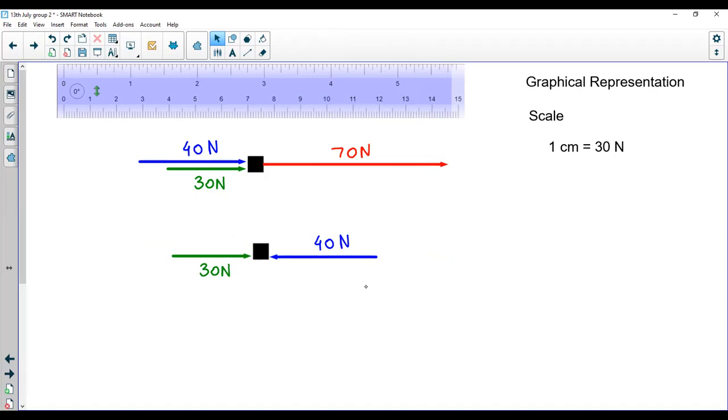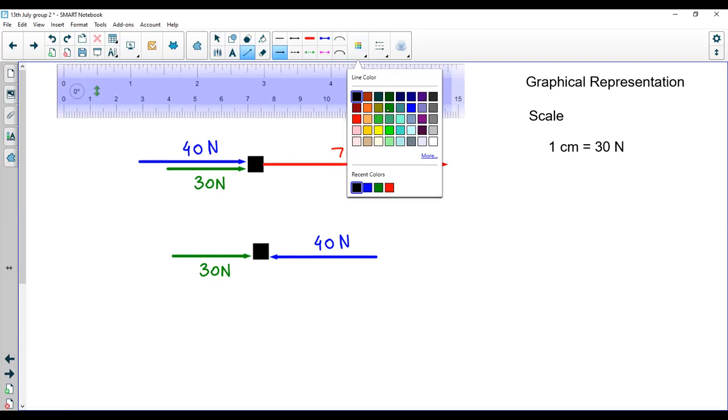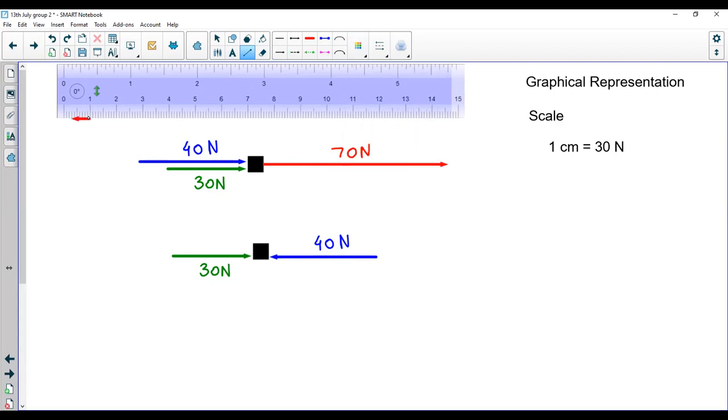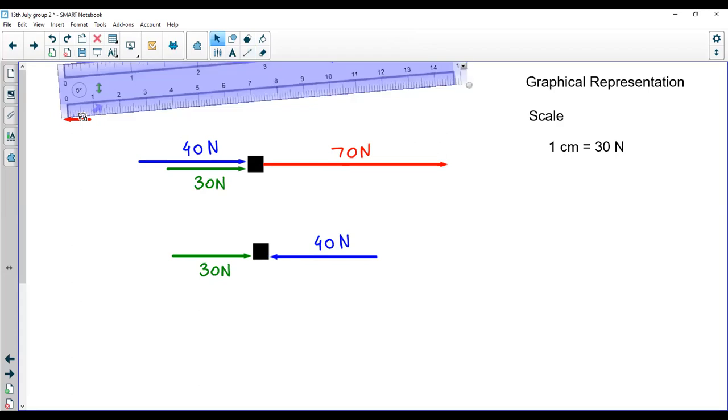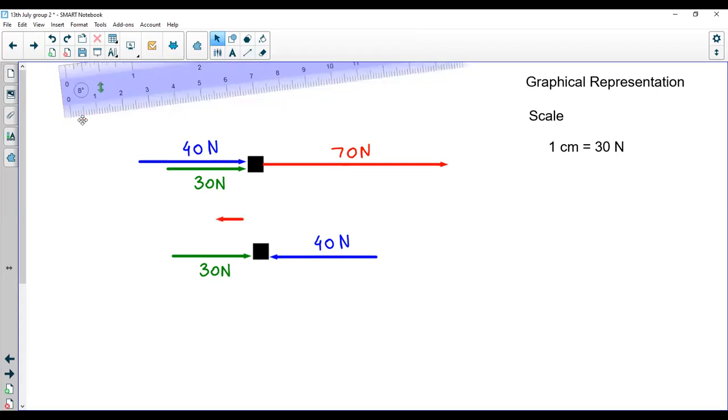That's right, Fatma. Tanya, what's the resultant now? That's very good. So we show it with just a 1 centimeter long line to the left. So that's what we have, the resultant. So the resultant is 10 Newton to the left.